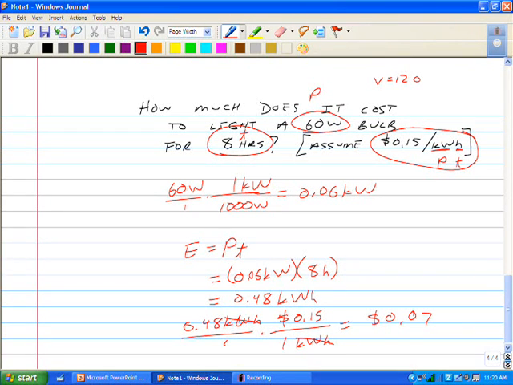Good question. What in your house uses the most energy? Conventional ovens. No. Refrigerator and air conditioner, something that's on all the time. Because they're working backwards. They're removing heat, and that's the hardest thing to do. So your air conditioning and your refrigerator are going to be the biggest drains.